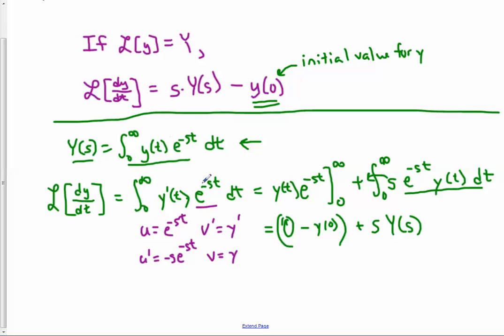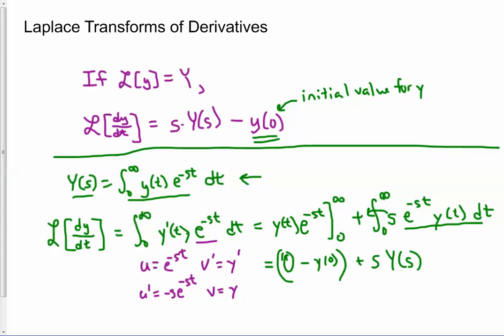So a very ingenious use of integration by parts in a generic abstract integral gives us this nice rule. And again, just to wind this up, we'll start using this in the next video. But what really makes this powerful is that differentiation is a calculus procedure, going from y to dy dt.